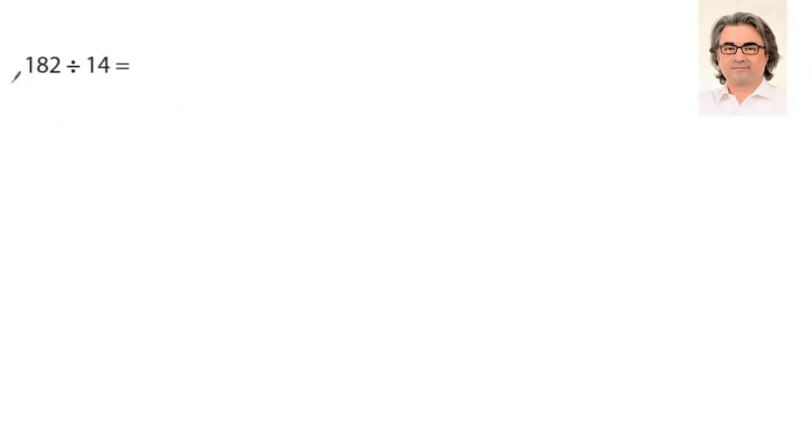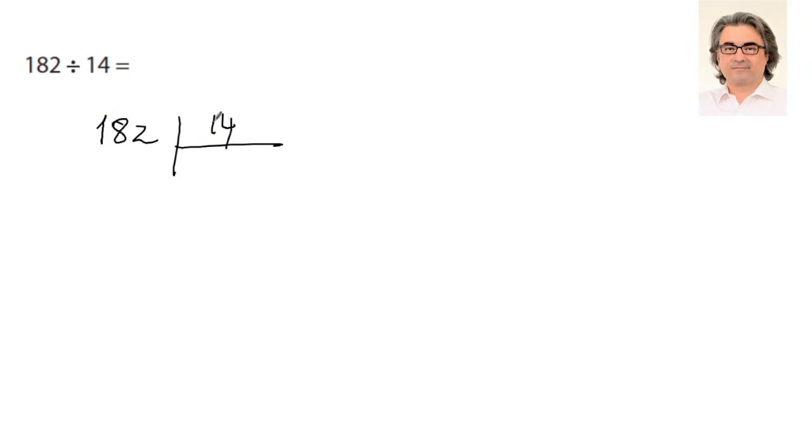In this division operation, 182 and 14 are both positive numbers, so the result will be positive. But we can't use the multiplication table every time, because it's enough to know from 1 to 10 on the multiplication table. So let's make long division.